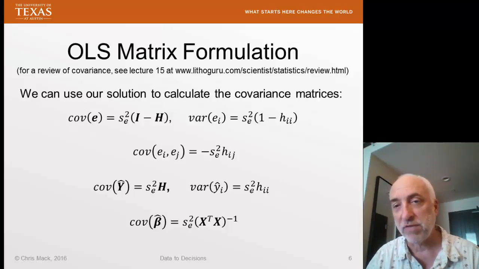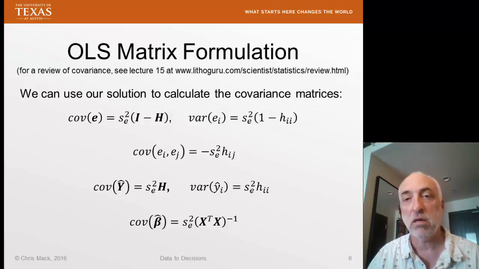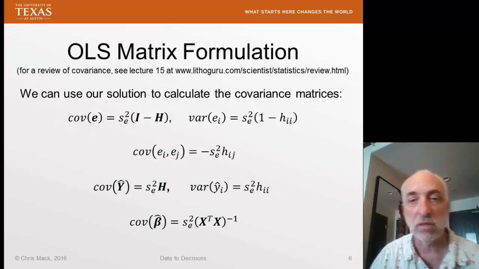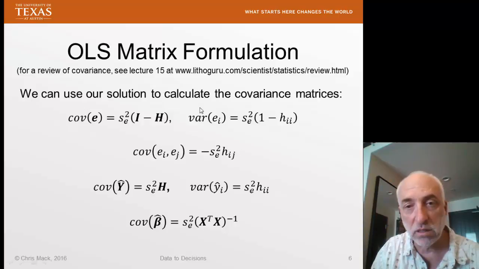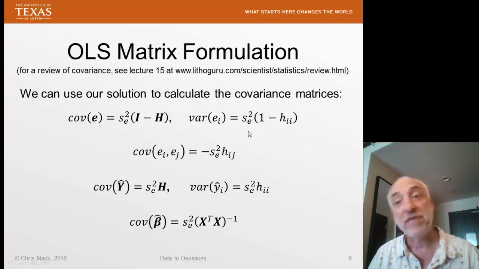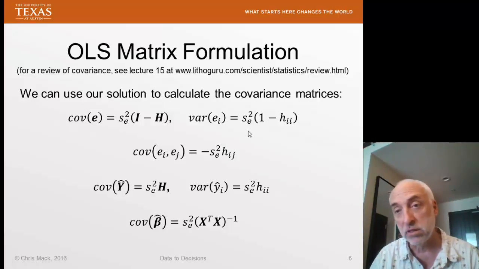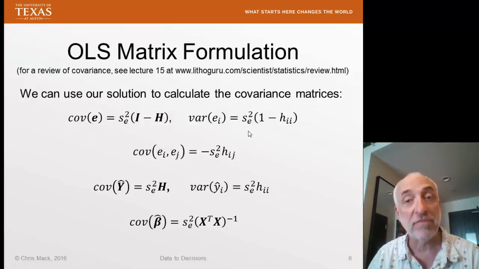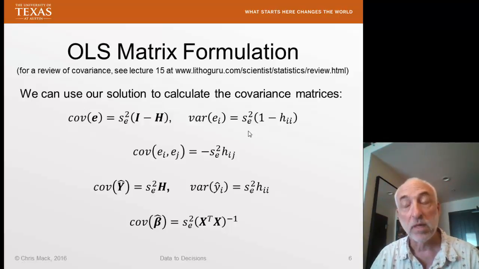That's kind of interesting. If H sub ii is 0, then the variance of the residuals will be equal to a constant value. But if the H sub ii are different, they're not all the same, they'll have a different variance for different residuals.